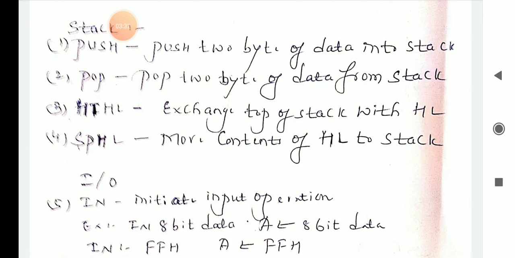In the same way in pop, you remove 2 bytes of data from the stack pointer. Similarly with DE: D is 8 bits and E is 8 bits, so 16 bits of data you can remove from the stack.